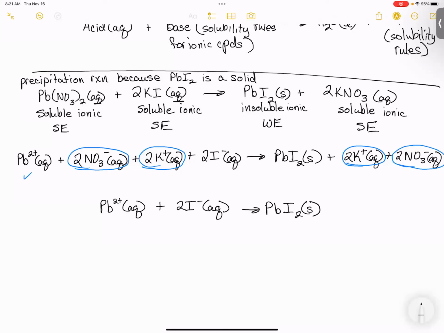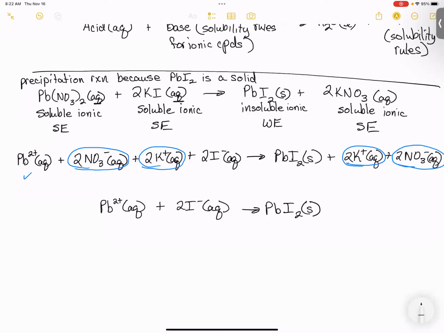So what are the most common mistakes I see? Well, one common mistake I see is people forget charges. It's called a complete ionic reaction. In other words, I better see charges.